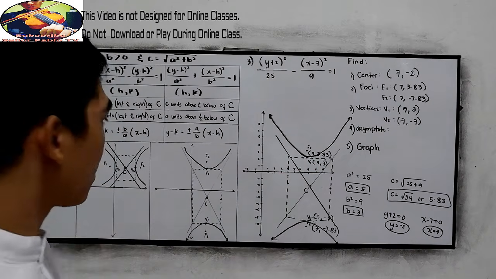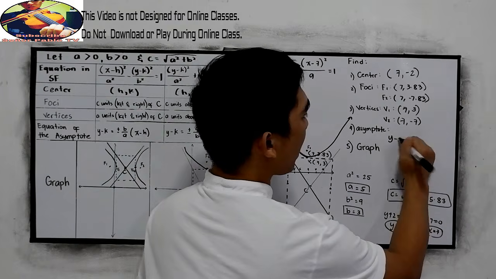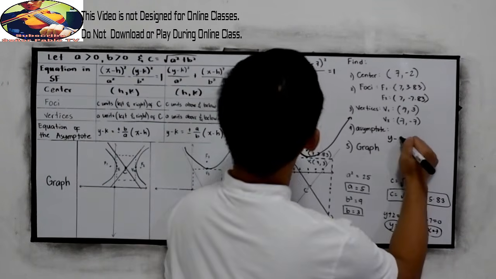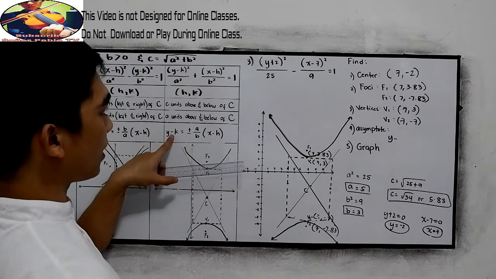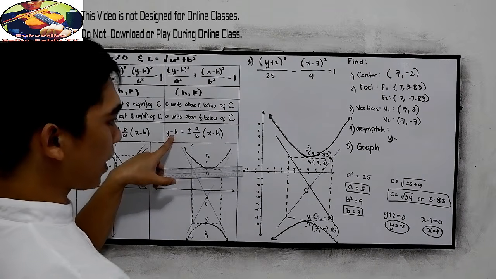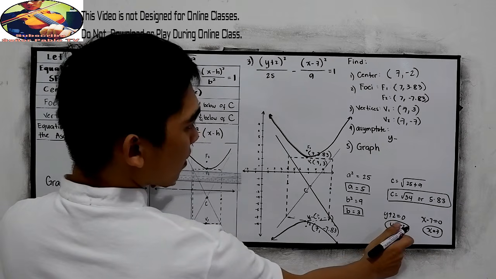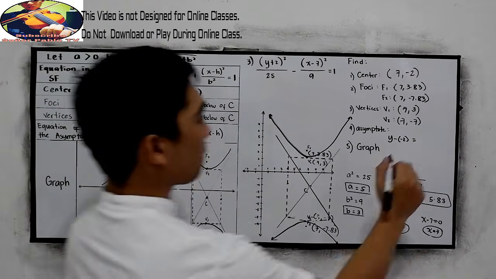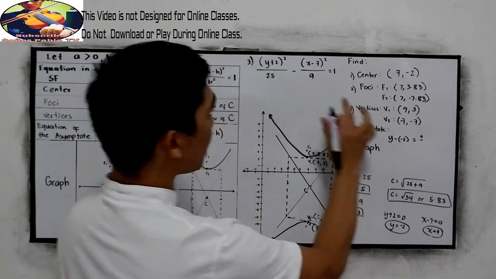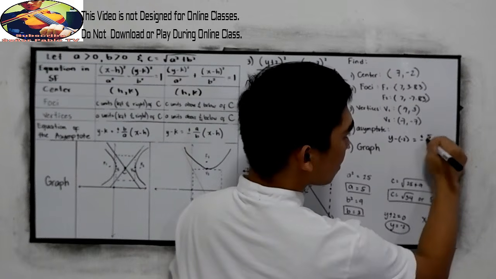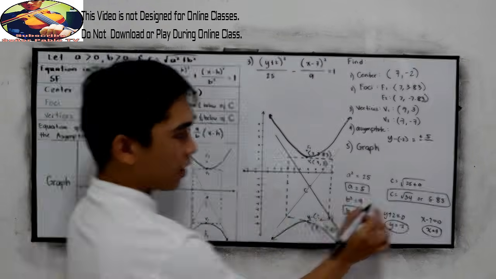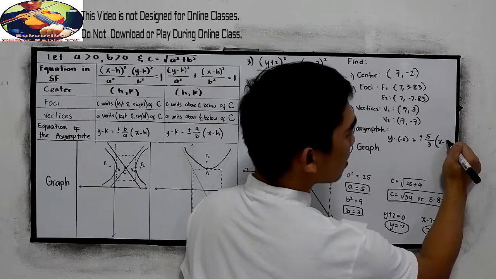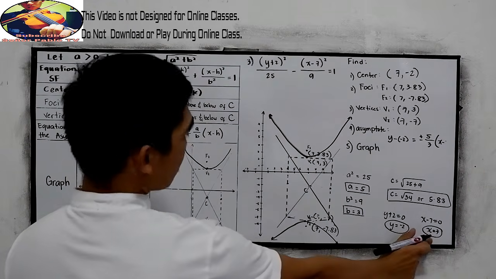And to find our asymptote, y minus our k, k here, so minus negative 2 is equal to plus or minus our a is 5 over our b is 3, and x minus h, our h is 7.